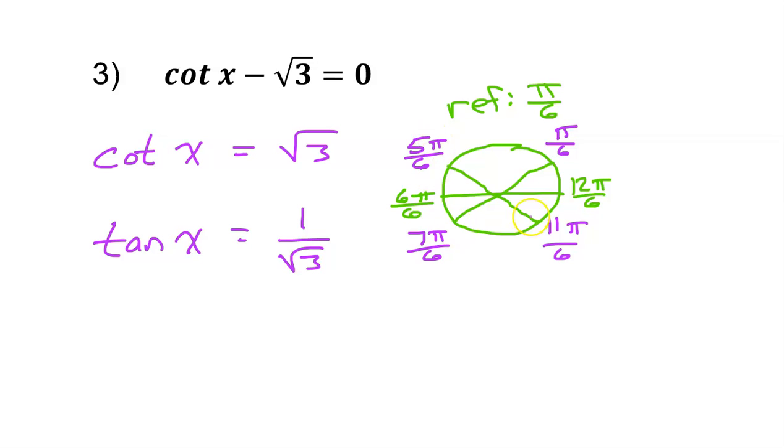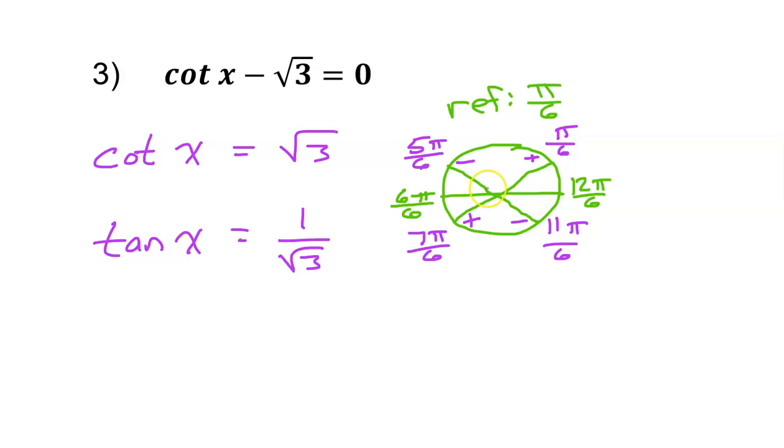The tangent of any one of these 4 angles will be some type of 1 over radical 3. It's just that in the first quadrant and the third quadrant, I'm going to have a positive 1 over radical 3. Tangent is positive in these 2 quadrants. In the second quadrant and the fourth quadrant, I will have a negative 1 over radical 3.